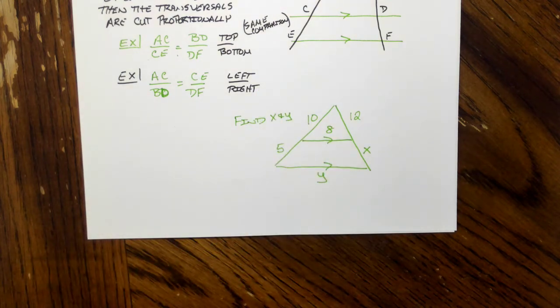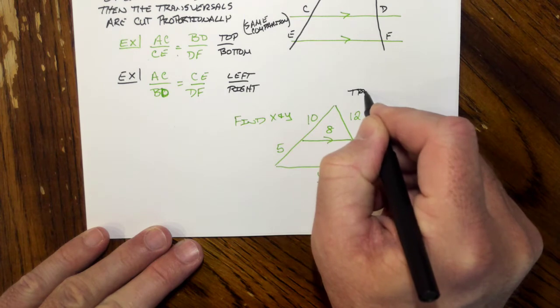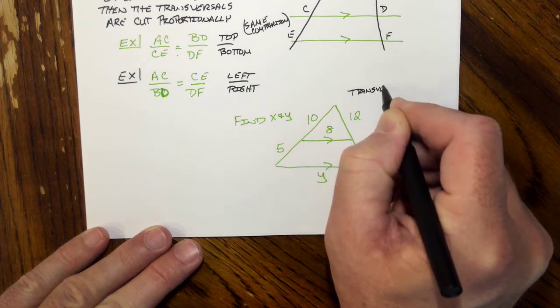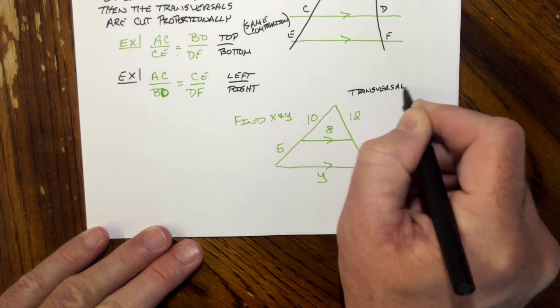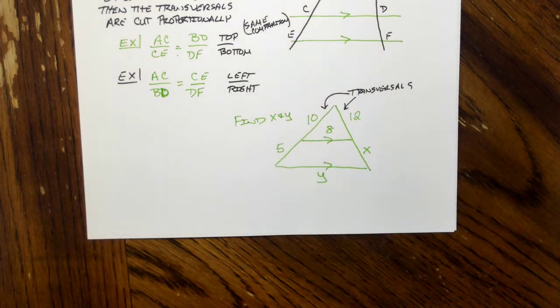So what's this going to do? Well, this is going to incorporate a couple things that we've done already. One being today. So we're going to consider parallel, parallel. So here's your transversals. That side and that side.